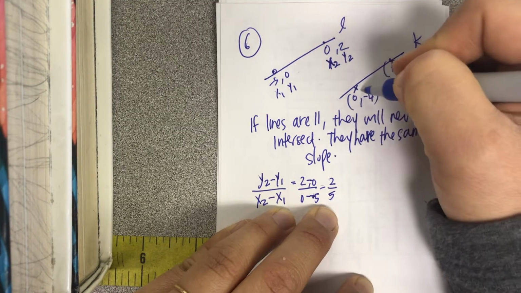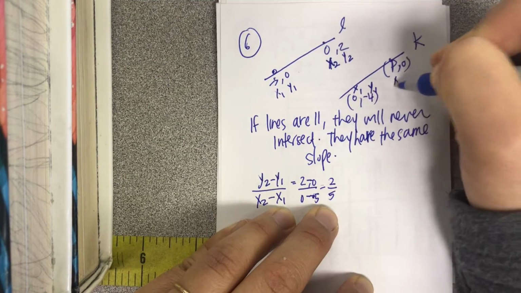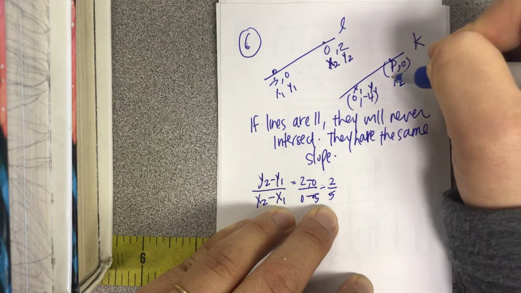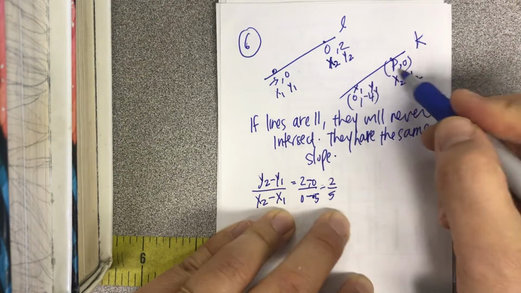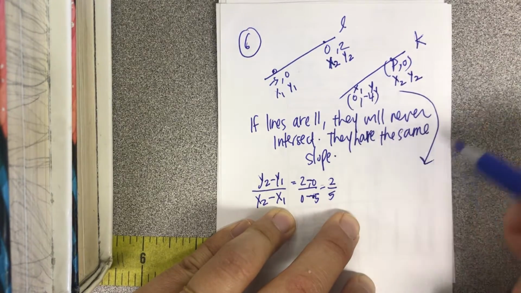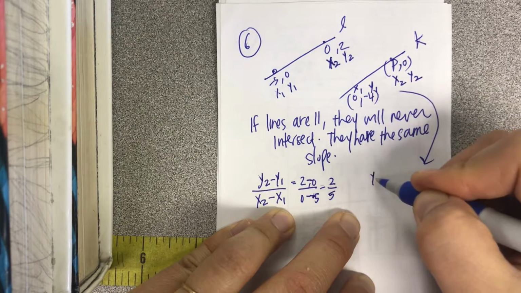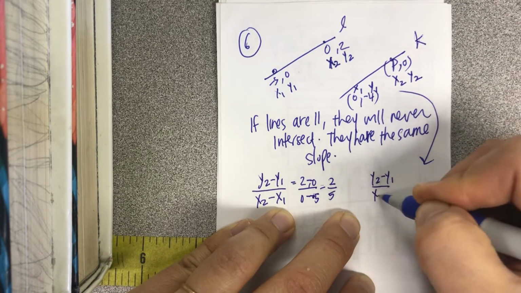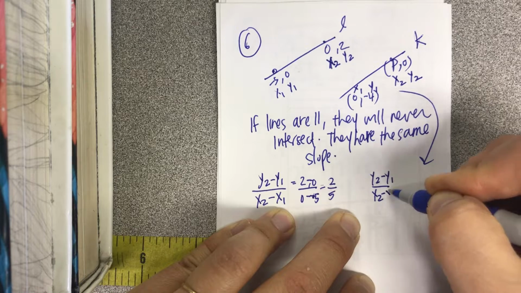Okay, so if 2/5 is the slope, then I'll know that over here it's the same thing. Let's just say that this is x1, y1, x2, y2. So I'm going to do the same thing here, use the slope formula, and go y2 minus y1 over x2 minus x1.